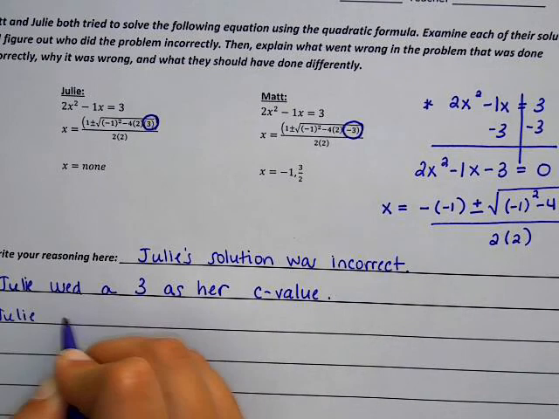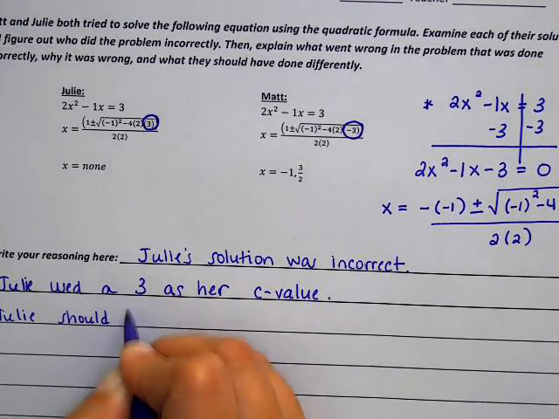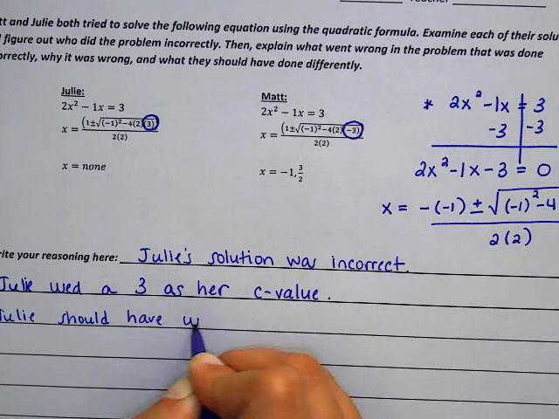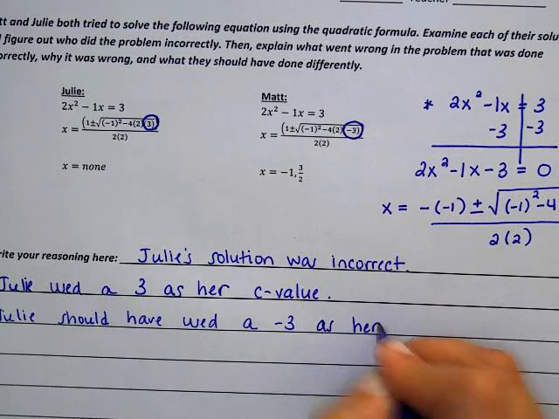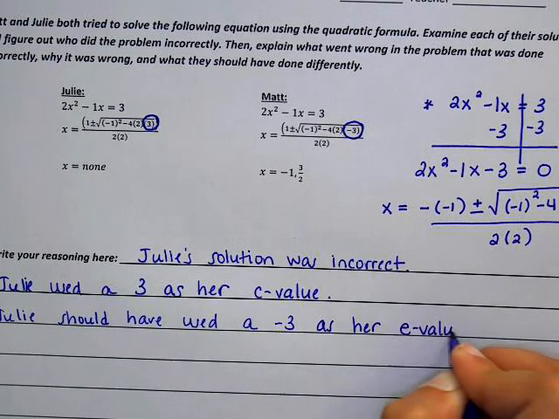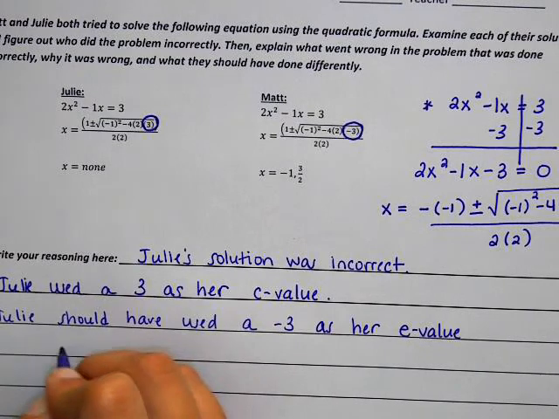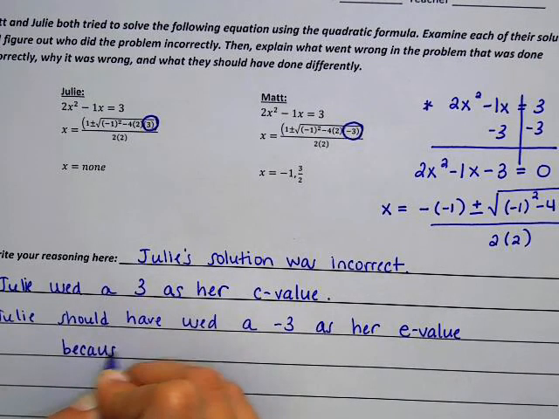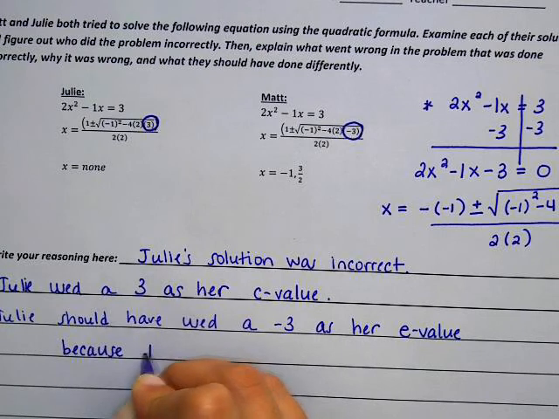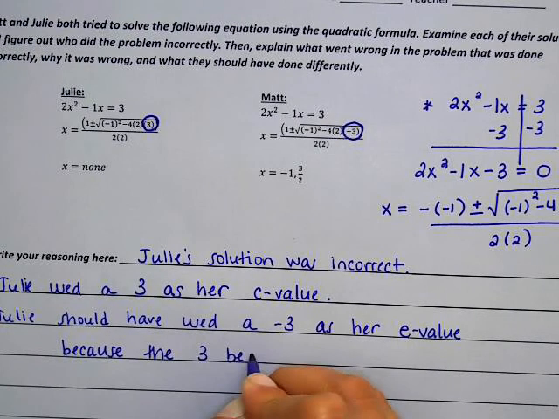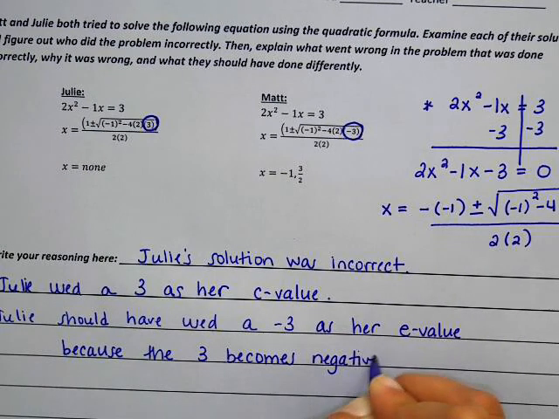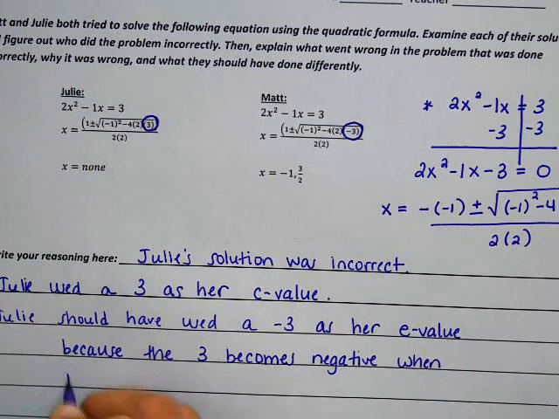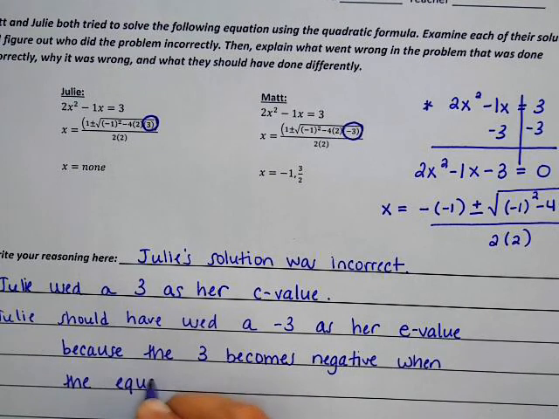Julie should have used a negative 3 as her C value. And we need to say why. So, because the 3 becomes negative when the equation is rearranged.